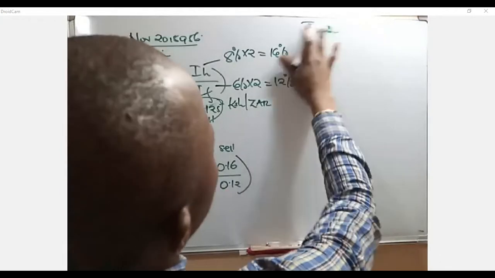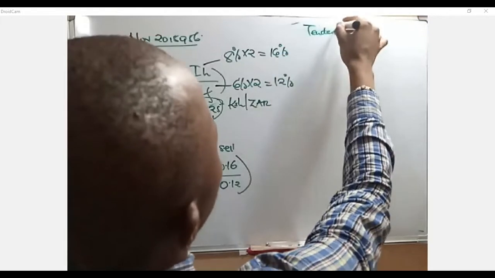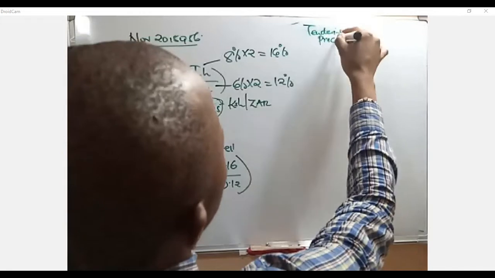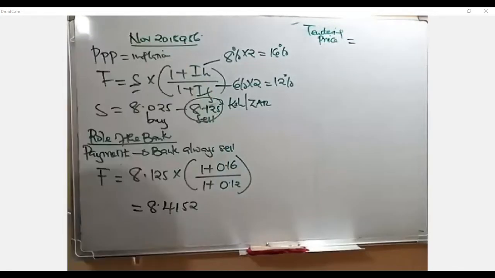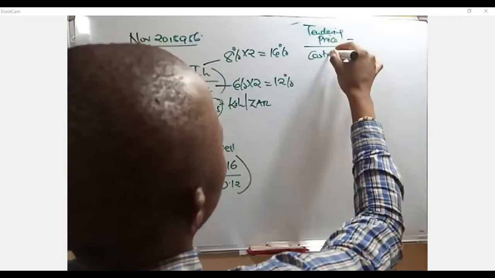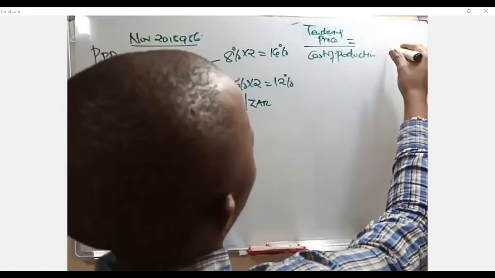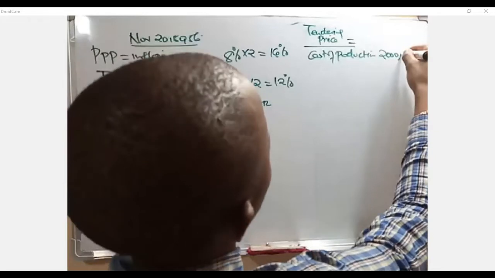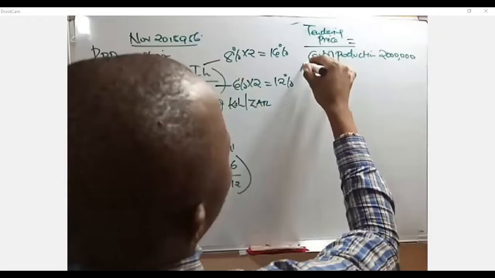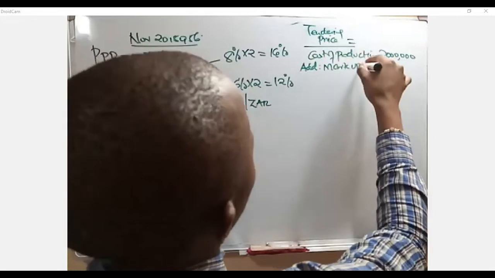Tendering. What is our tendering price in this scenario? The cost of production given in the question is how much here, Eric? 2 million. So there you add the markup given, to determine the selling price.